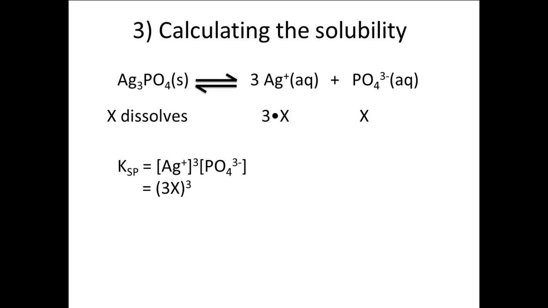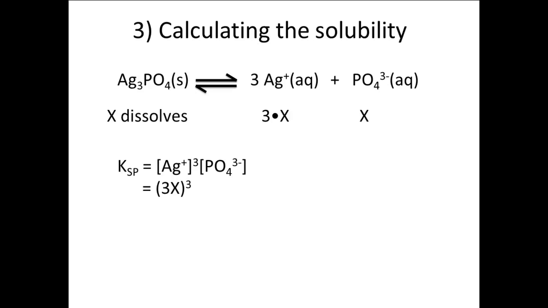Now, you may think we're using the 3 from the equation twice, and we are, but for two different reasons. The 3 in the exponent is there because the coefficient in the equilibrium reaction is the 3, and that's the way the equilibrium expression is written.